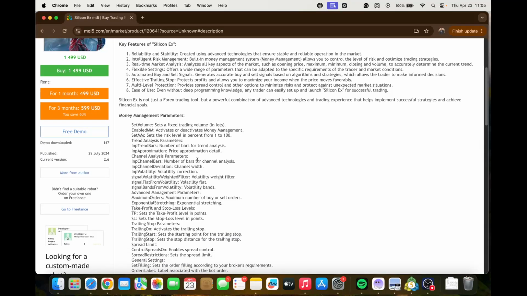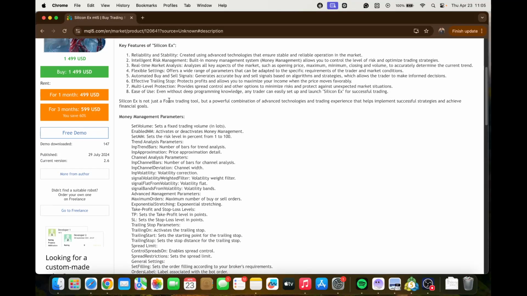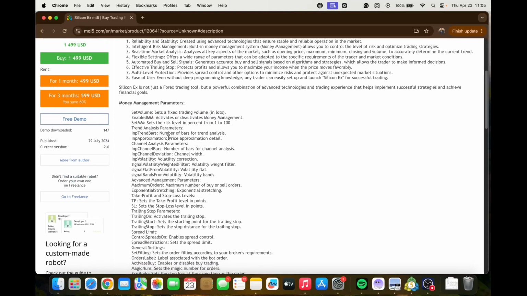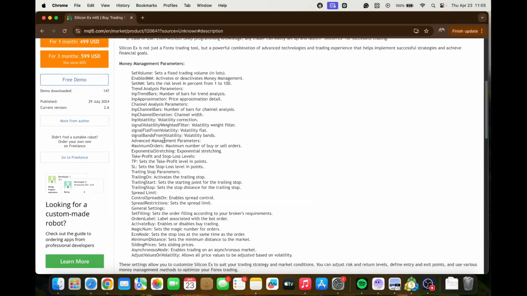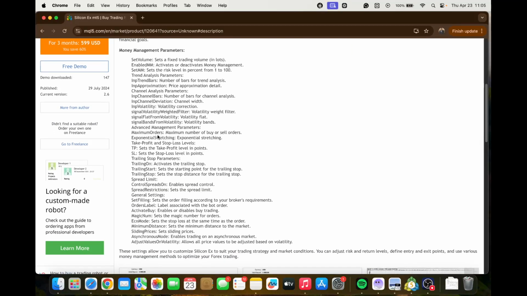And we have some features and settings that they marketed here. We've talked about some of them, but the main one is the money management filter, which you can adjust, and you can also use this money management with either fixed lots or percent based risk. And you've got trend analysis bars, channel parameters, maximum orders limits, exponential stretching for position sizing, take profit, stop loss levels in points, and trailing stop can be turned on with adjustable start and distance.